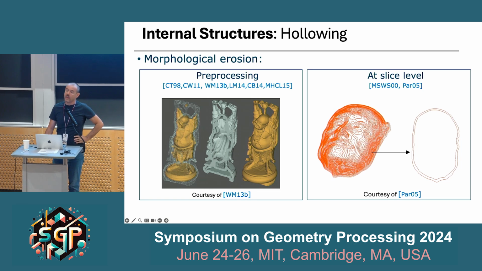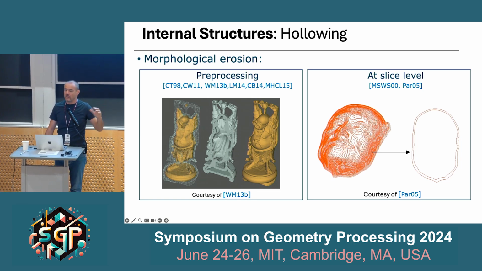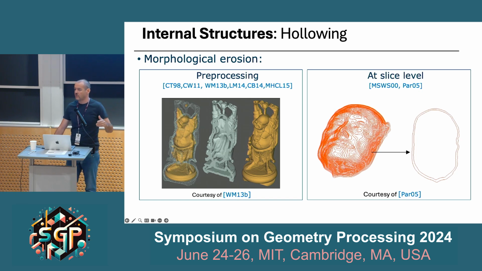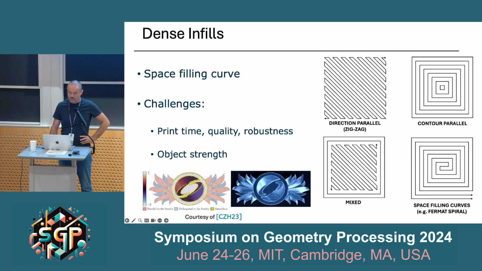And you can do that either on the level of the 3D object or at slice level. So you take each of the polygons that represent a slice and create an offset of them. Then you can fill in the object.